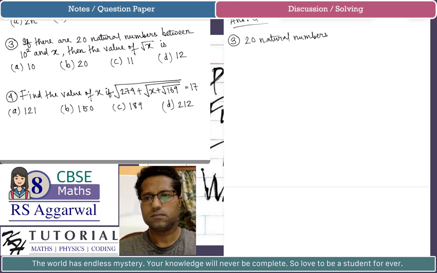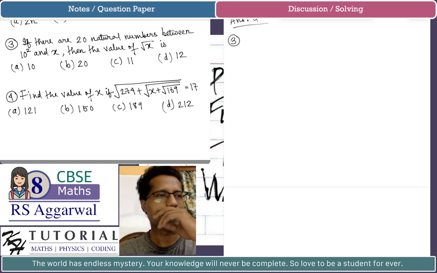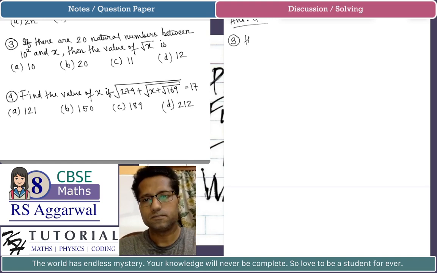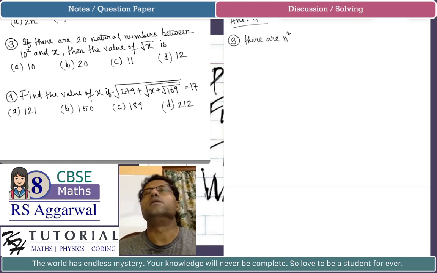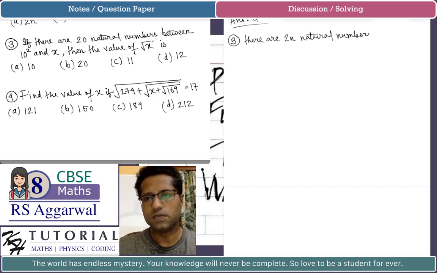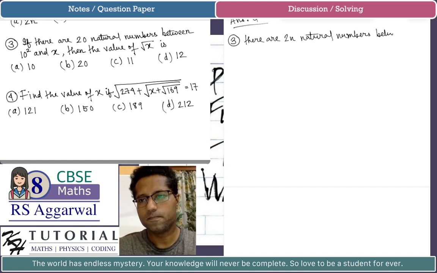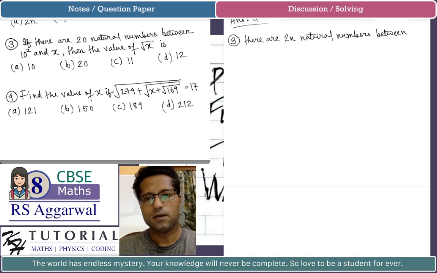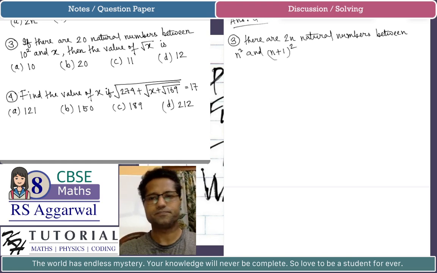We know a property of squares: there are twice n natural numbers between two consecutive squares, between n square and n plus 1 square.